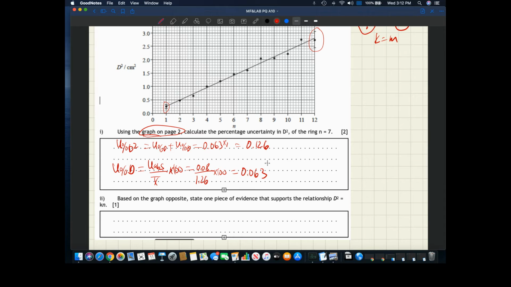And we didn't multiply by 100, so times 100, and that's going to give us 6.3%. And so coming back up here, 6.3% times 2 is 12.6%. And getting some kind of significant digits here, it is about 13%. That is the percent uncertainty in D squared.